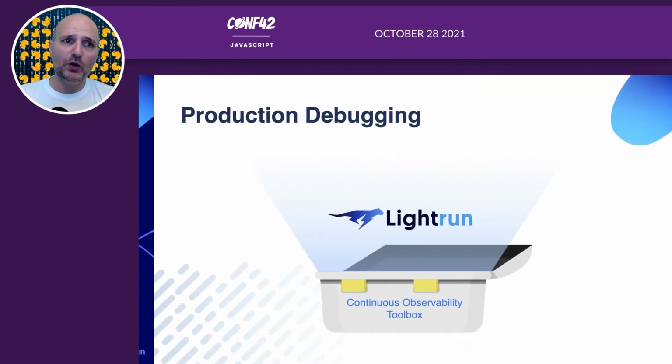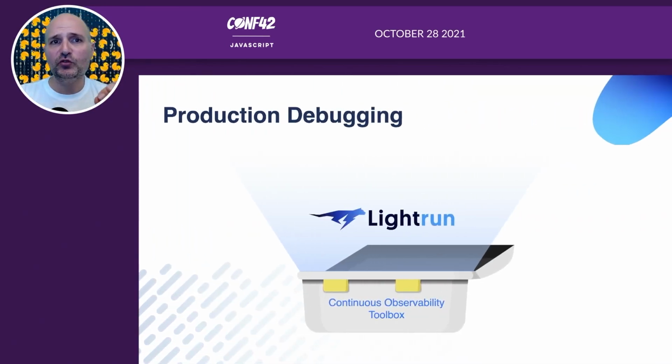What if you could connect your server to a debugger agent, that would make sure you don't overload the server and don't make a mistake like setting a breakpoint or something like that. That's what Lightrun does. It lets you connect securely through your own server, so you physically don't have access to production.